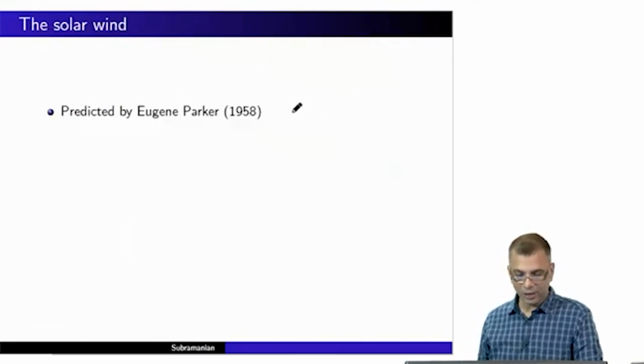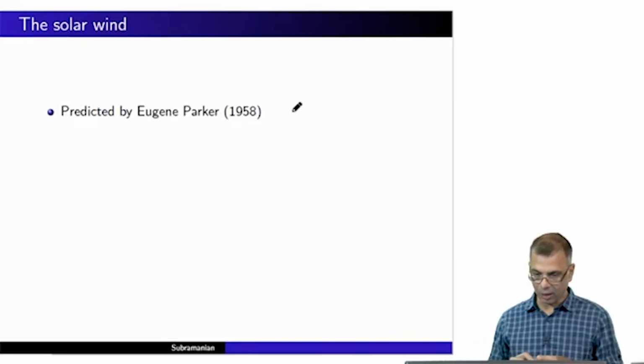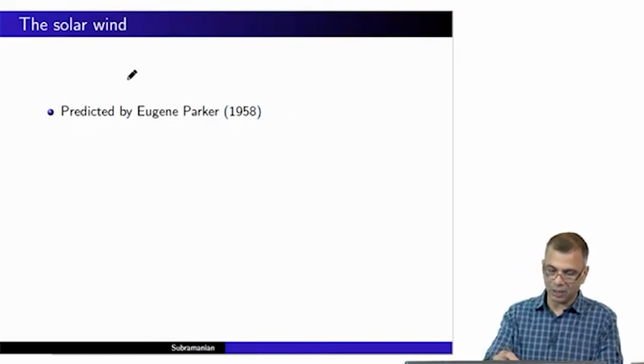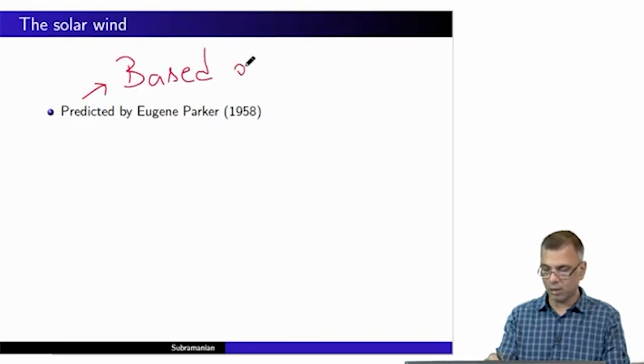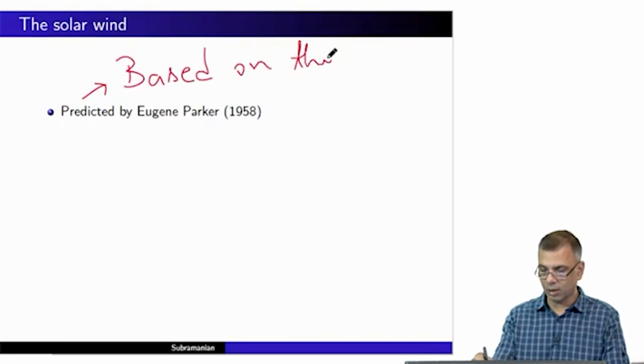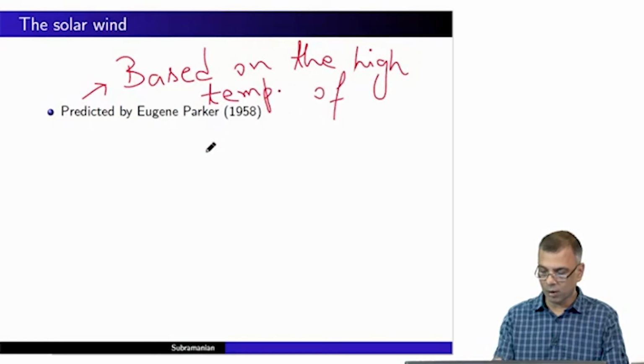This was actually predicted by Eugene Parker back in 1958, simply based on the high temperature of the solar corona.